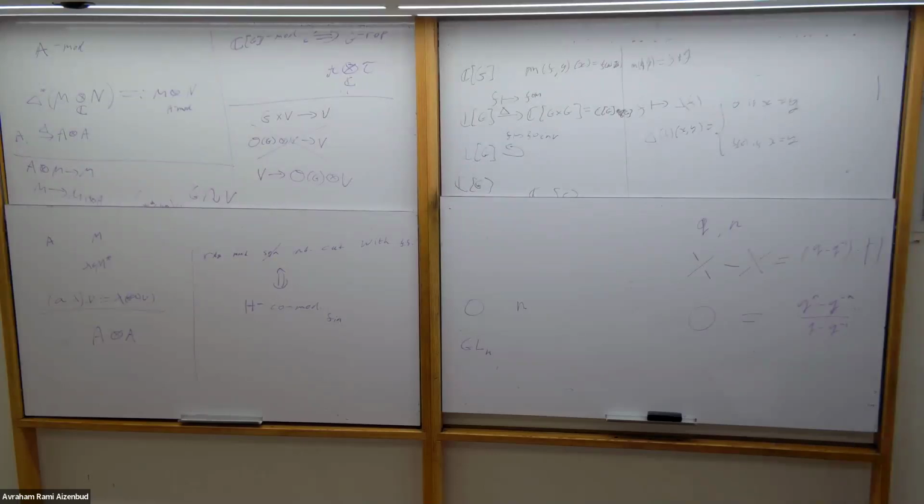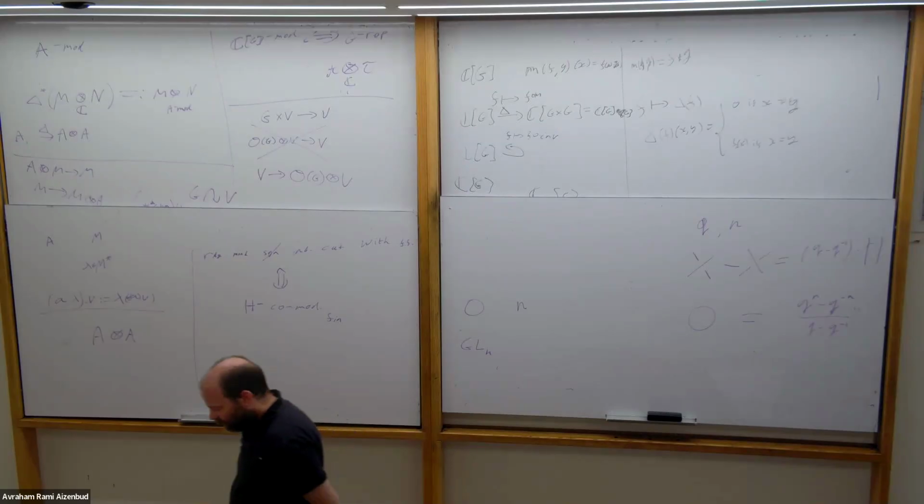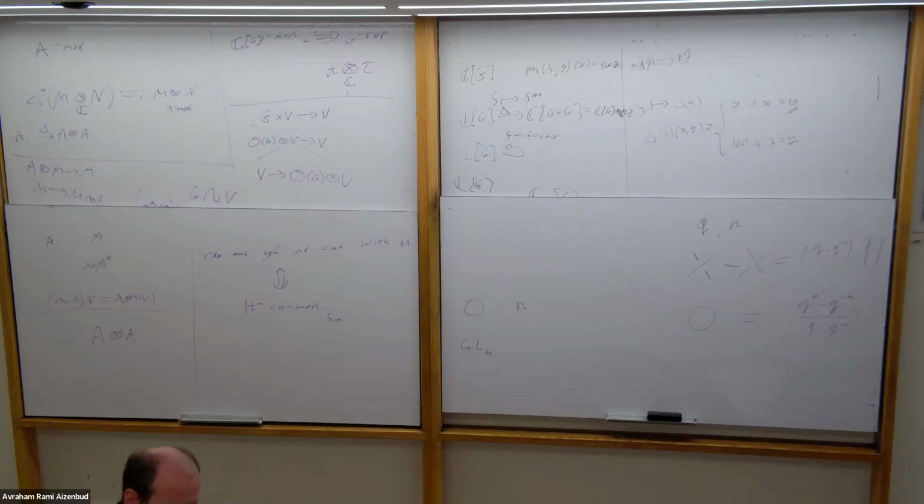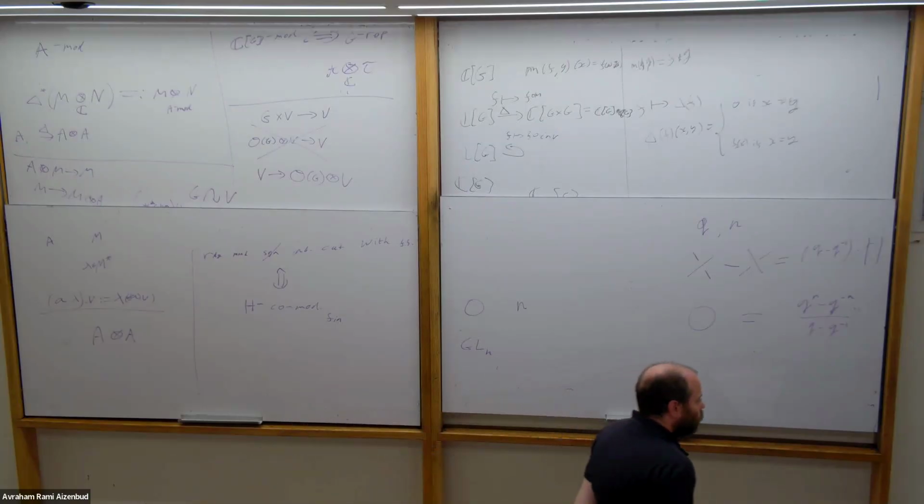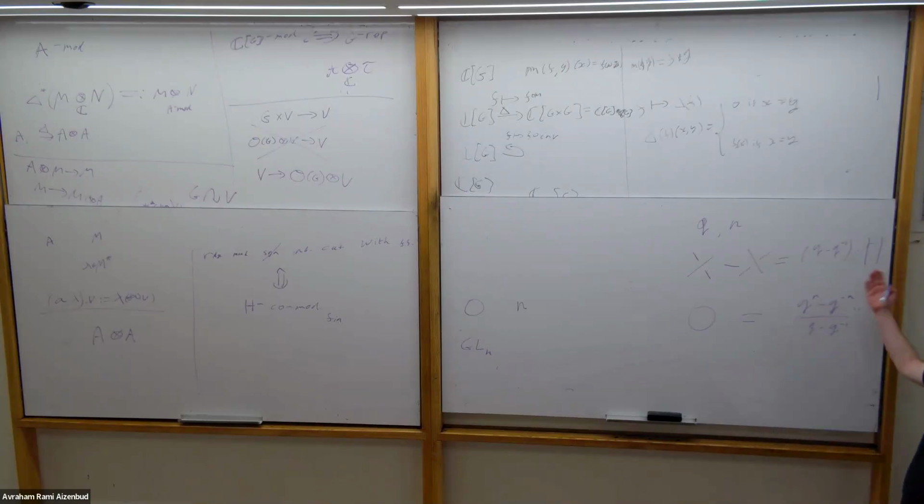We have to make it abelian, and it will have a fiber functor. I just impose some new relations, and you don't really know where the relations came from.